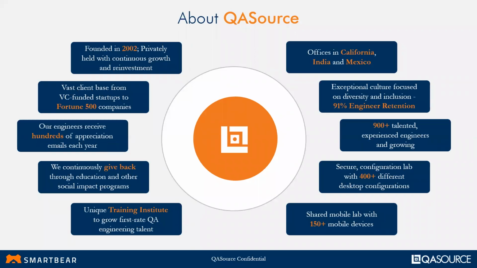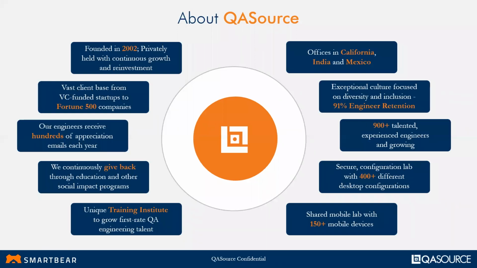We are a tool agnostic company, and one of the major roles we play is recommending to our clients the best suited automation tools that work for their product and technology stack. Our clients range from VC-funded startups to Fortune 500 companies. We have offices in the US, India, and Mexico to serve our globally located customers in various time zones.